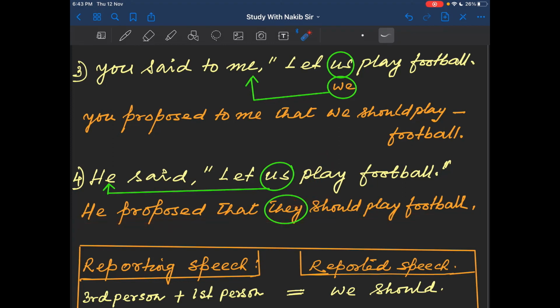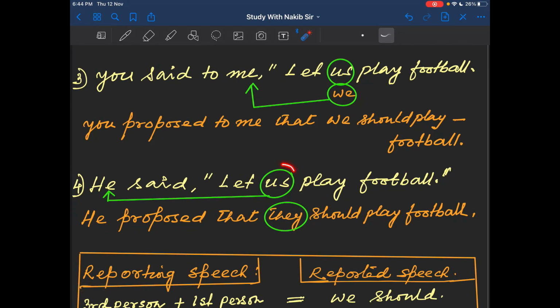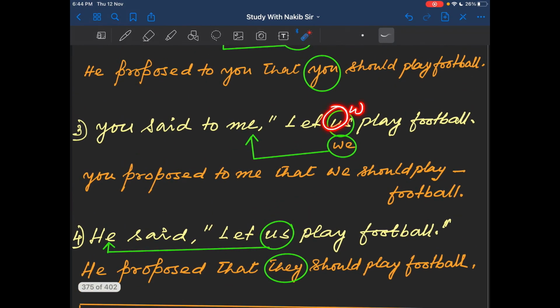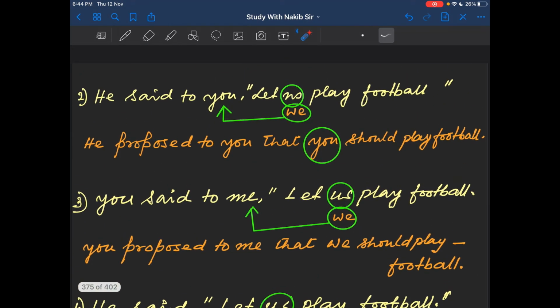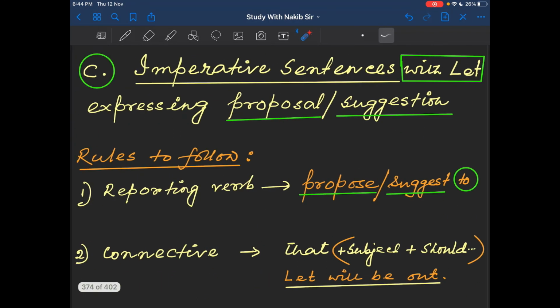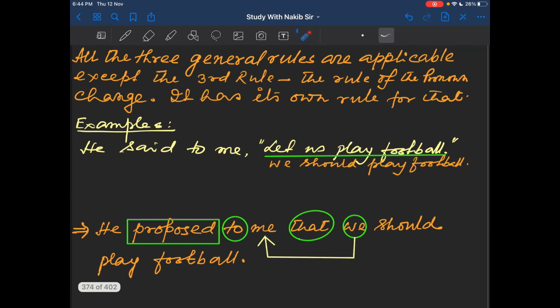They should play football. So here us means we is changed to they. Here us means we remains unchanged here, and here we is changed to you, and here in the first example us means we remains we.